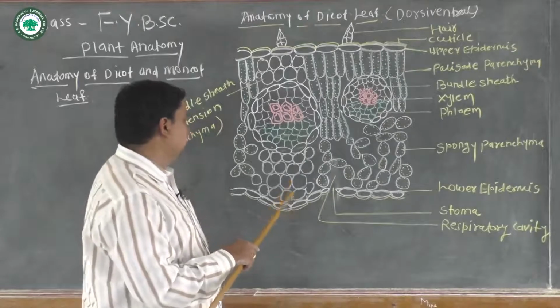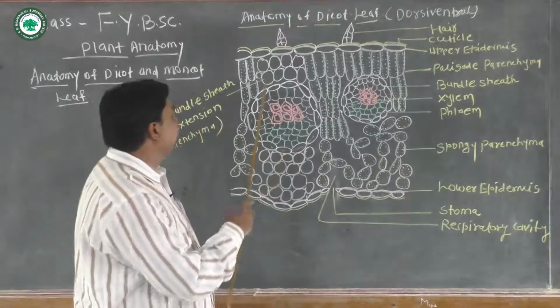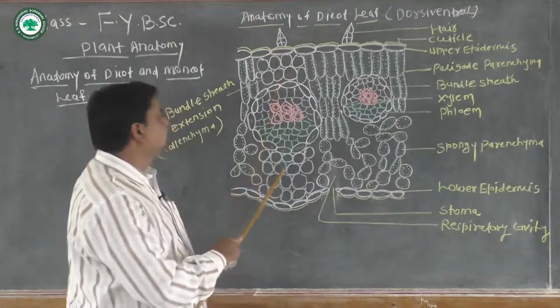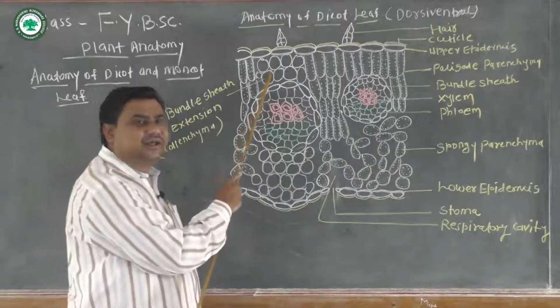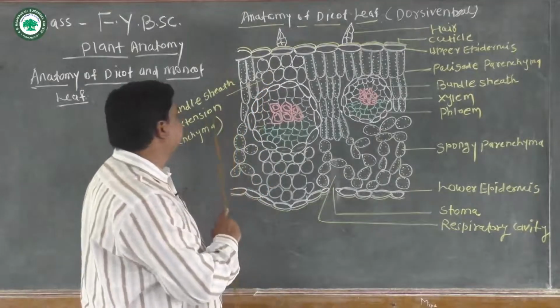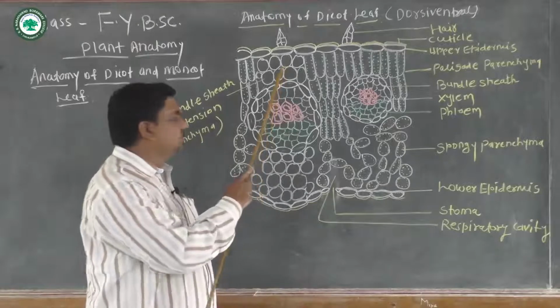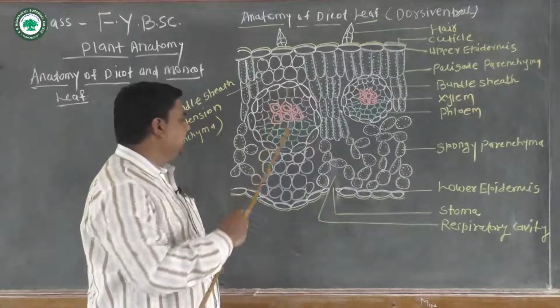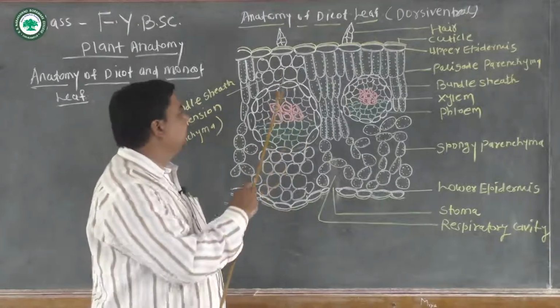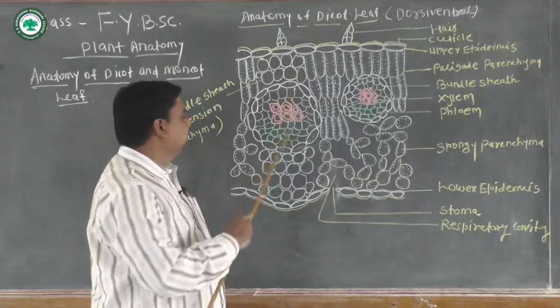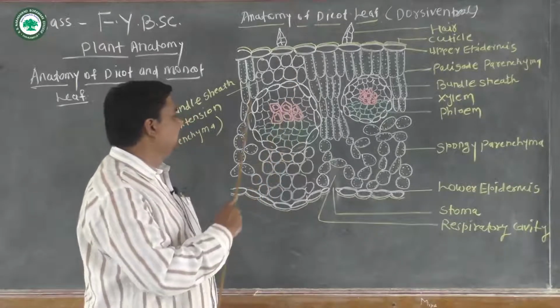This region is called the bundle sheath extension. On the upper side and on the lower side, what we call the bundle sheath extension of the bundle sheath.